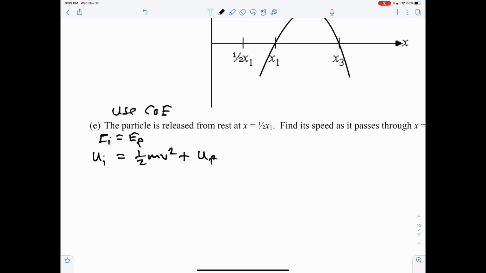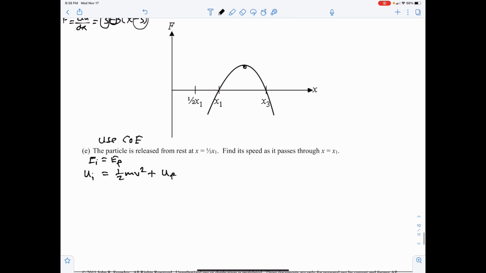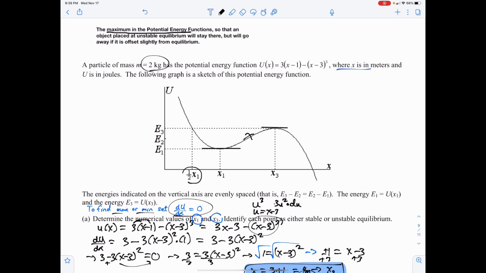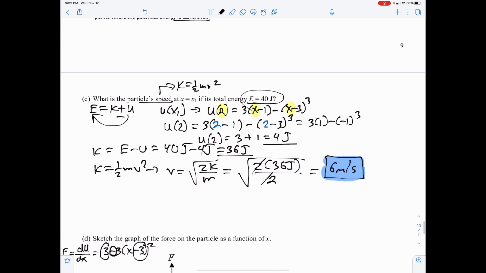So initially it's at rest at x equals 1/2 x1. Okay, so if we look at the graph, 1/2 x1 right here, it's released from rest right there.